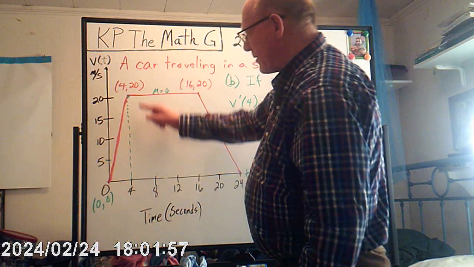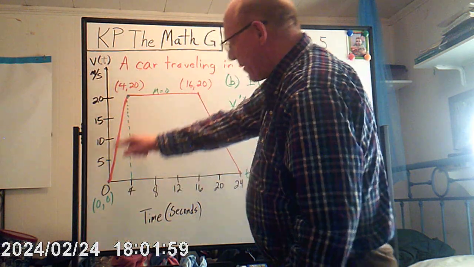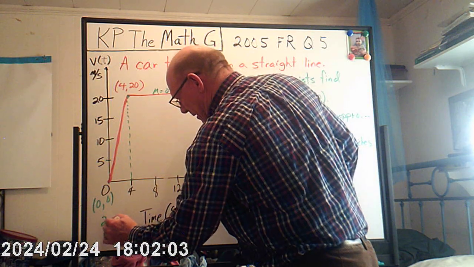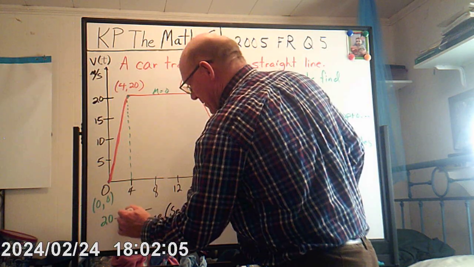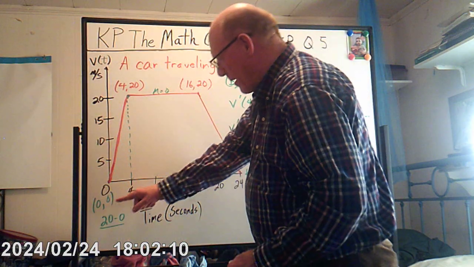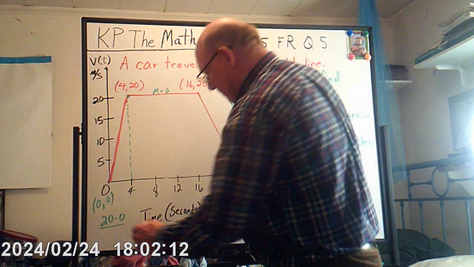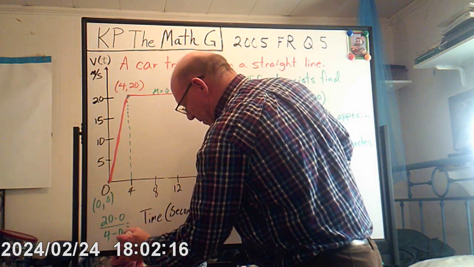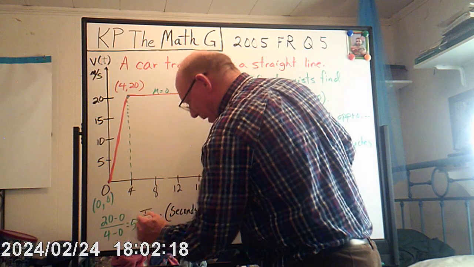So if we just took the slope here, this would be 20 minus 0, y2 minus y1 over x2 minus x1. Well, that's 20 over 4, which is 5.